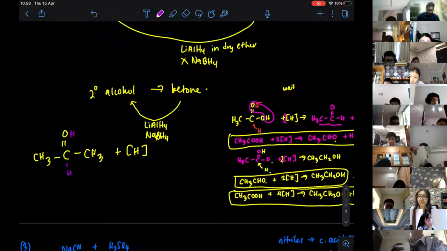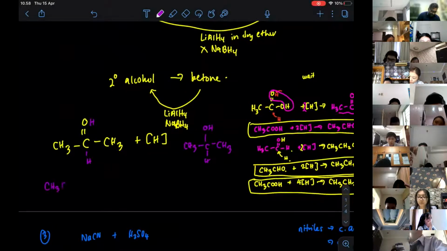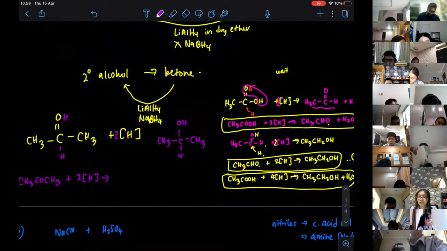So you are going to get CH3CHOHCH3, and you can see it's a secondary alcohol already. If I write down the equation, it will be CH3COCH3 plus 2 moles of H, and it will give you CH3CHOHCH3.